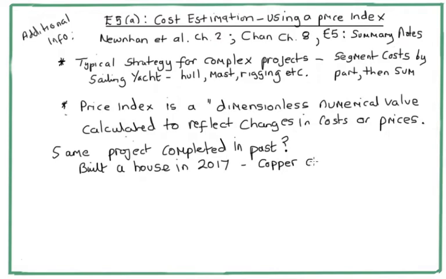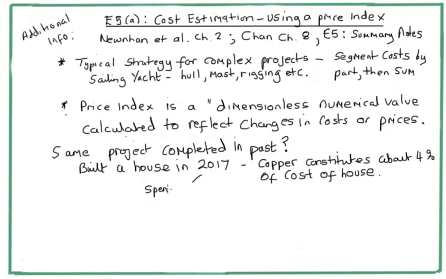Copper constitutes about 4% of the cost of building a house. So let's say that in 2017, you spent $10,000 on copper.